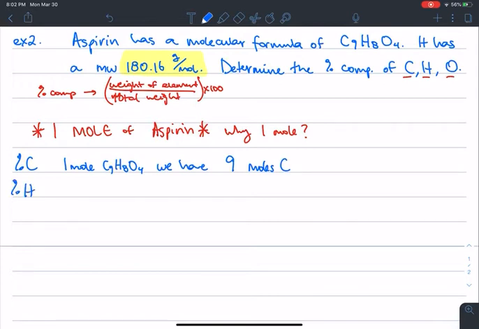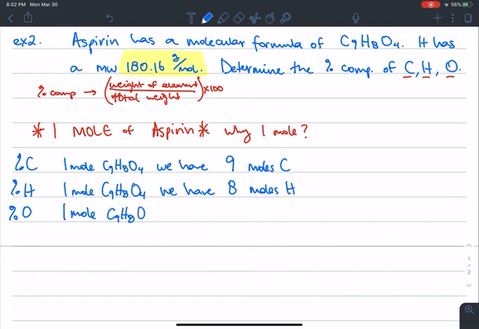For hydrogen, every 1 mole of aspirin, how many moles of hydrogen do you think we have? That's right, we have 8 moles of hydrogen. And then for oxygen, same deal. We have 4 moles of oxygen.